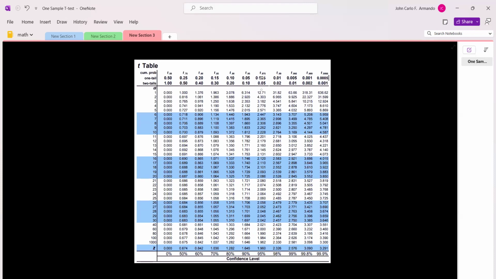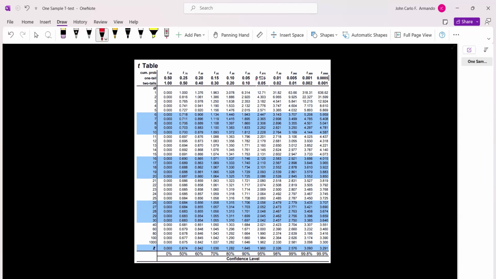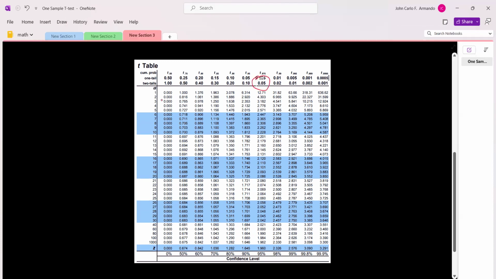So this is 0.05, two tails, then 11. So here, right? So 2.201. Okay?